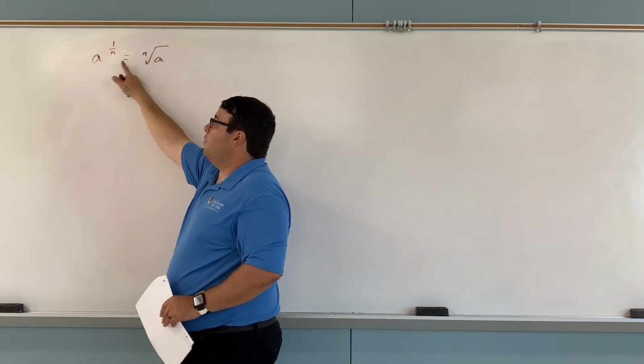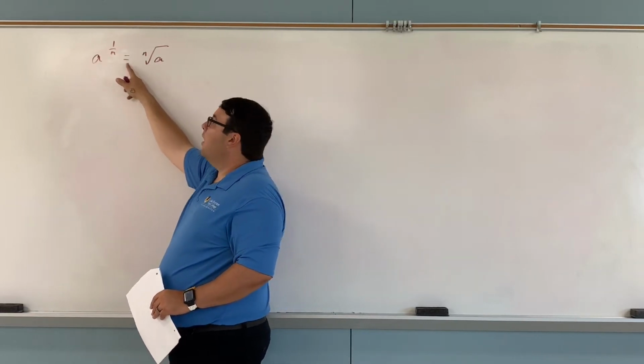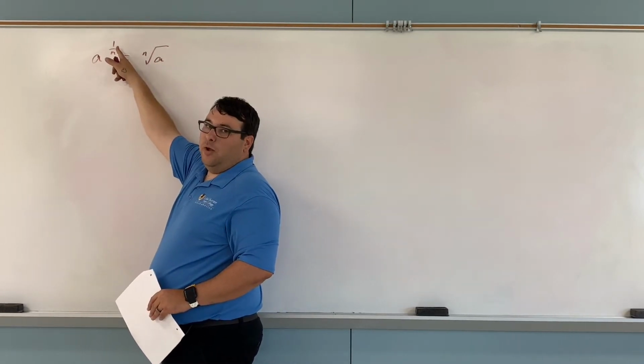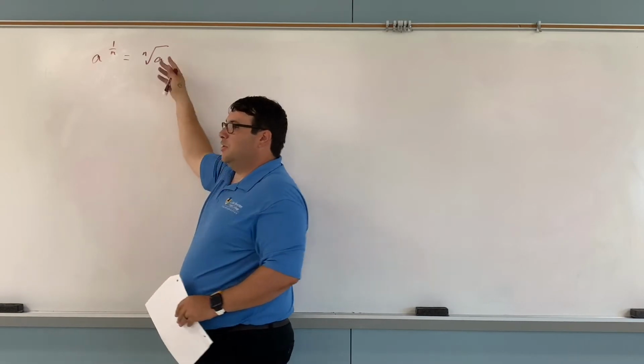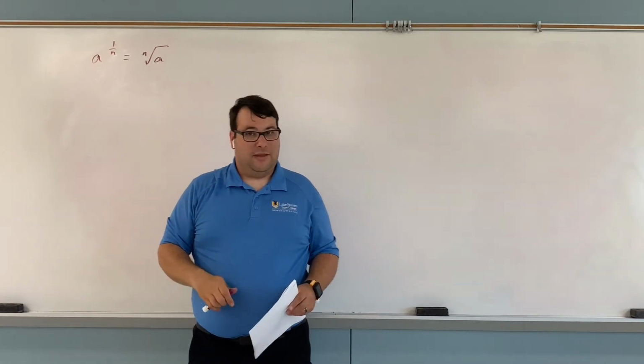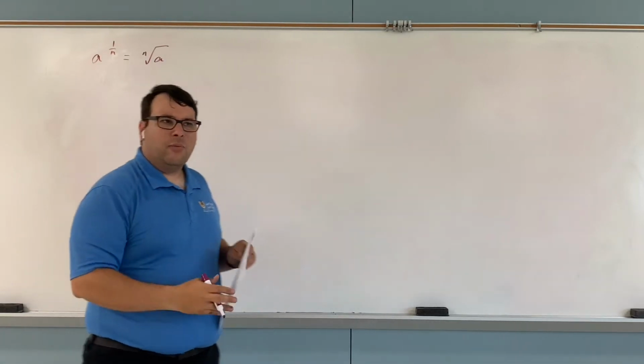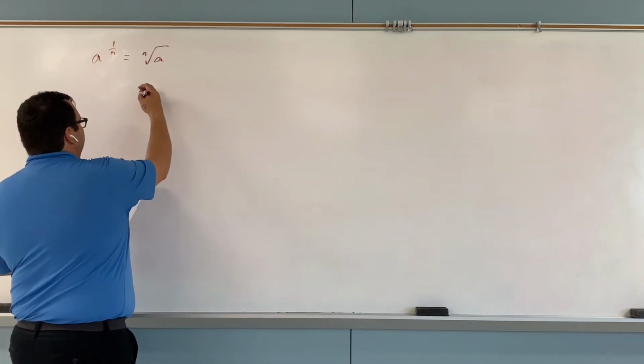Again, that n value comes from the denominator. A is raised to whatever power I have left. In this case, it was 1. So it's a to the first, which is just a. It's the same exact thing. So that being said, let's see how this helps us as we solve problems.